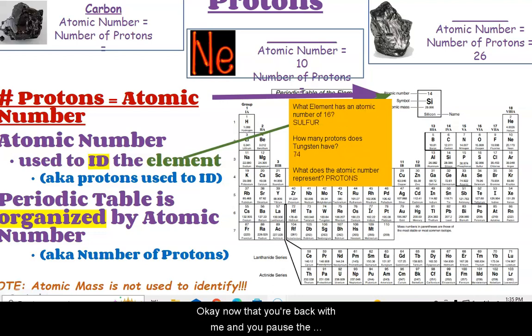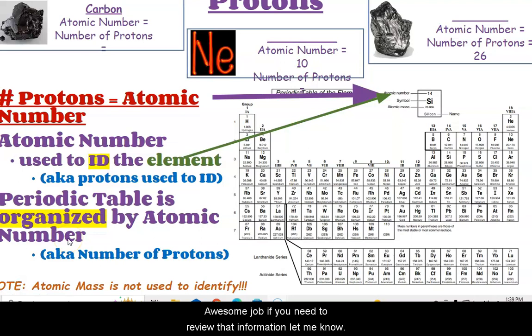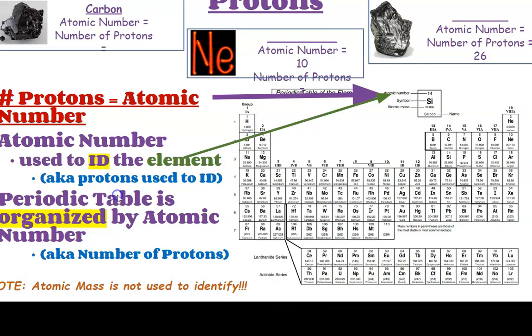Okay, now that you're back with me, the element that has an atomic number of 16 is sulfur. Tungsten has 74 protons, and the atomic number equals the number of protons in an element. Awesome job. If you need to review that information, let me know.